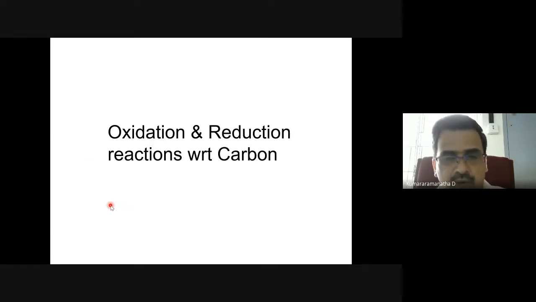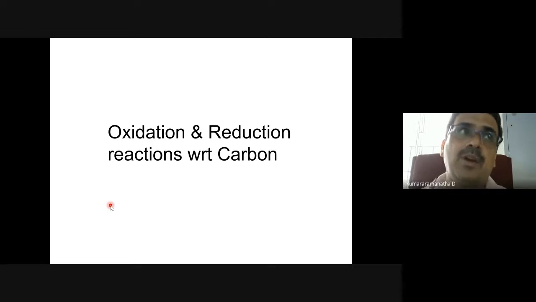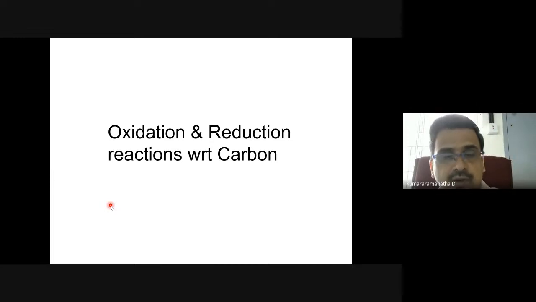Now, I would like to ask any of you, what is generally oxidation reduction with respect to carbon? I think many of you are well versed with oxidation for iron and reduction for chromium in the lab.